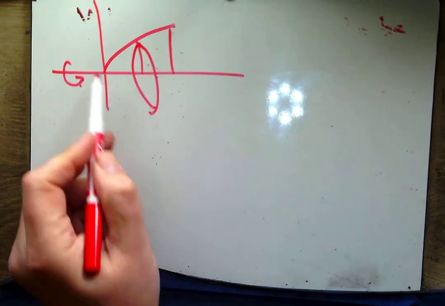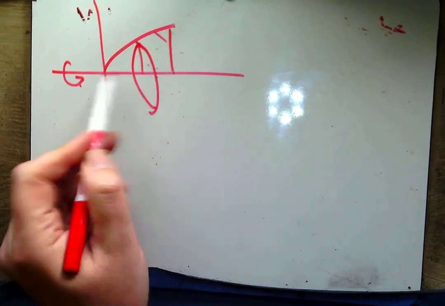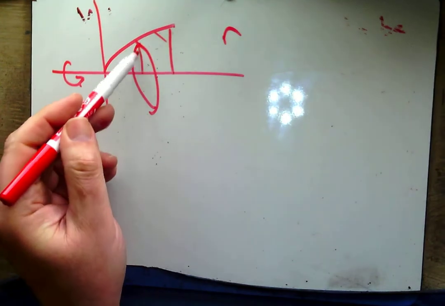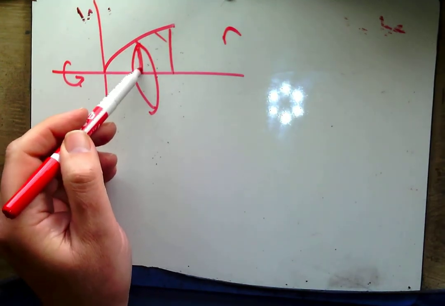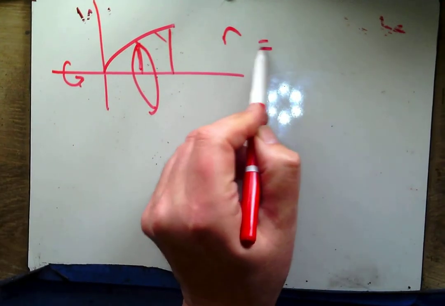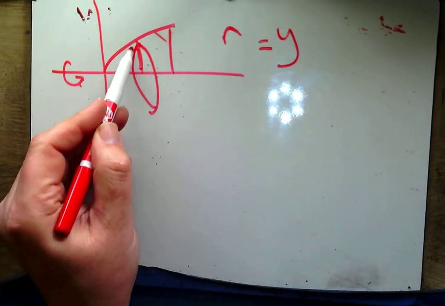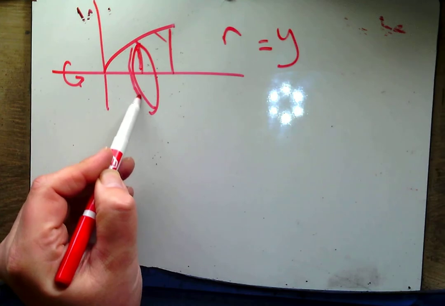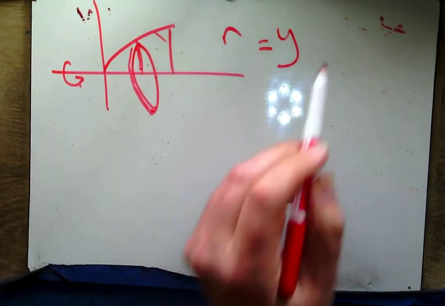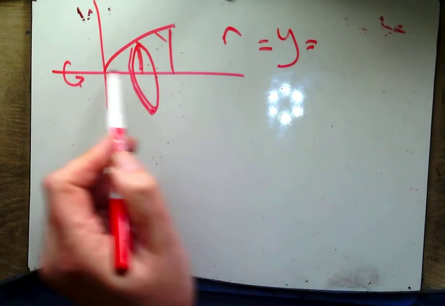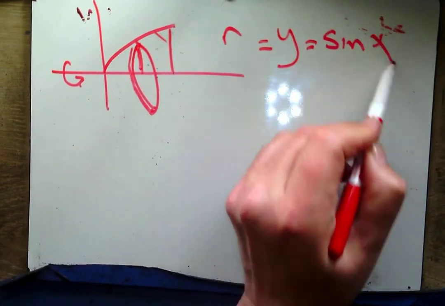Because our region fully lies on that axis of rotation, I know that my radius of this circle is just the y value here. And since this is a dx slice, I need to turn that into x's. Luckily, I know this curve is called y equals sine x.